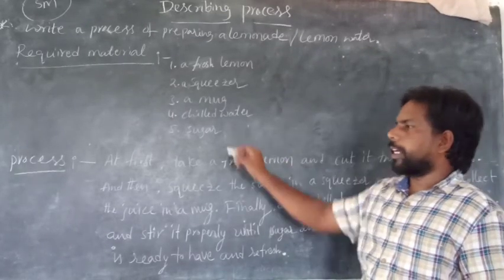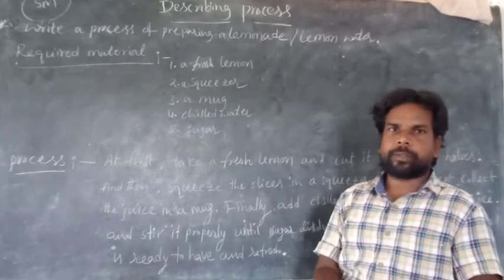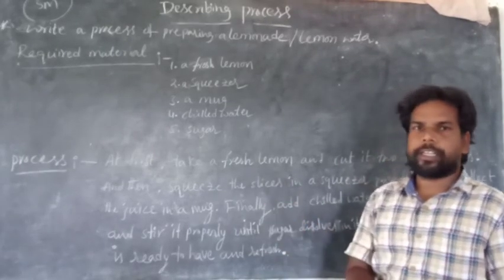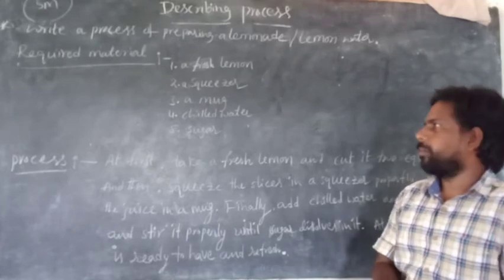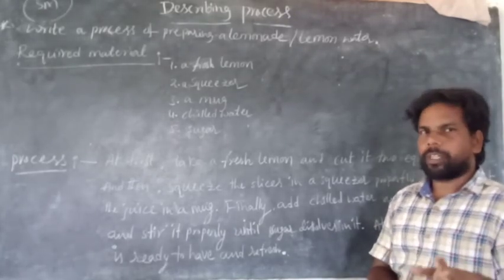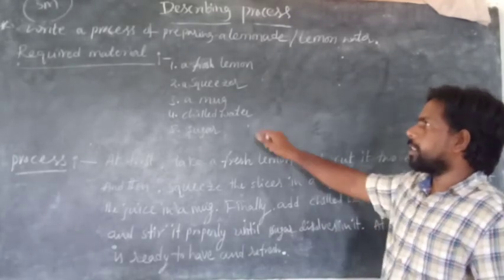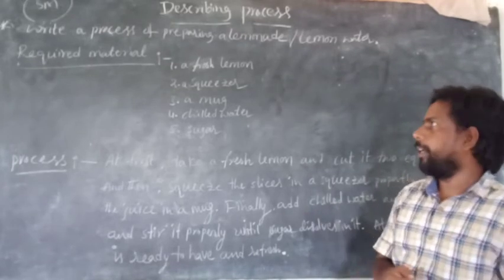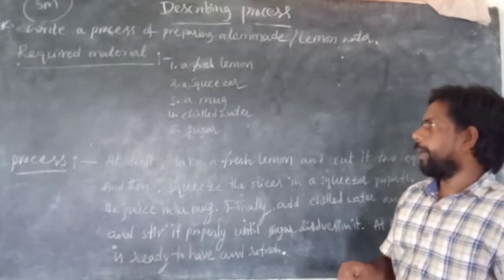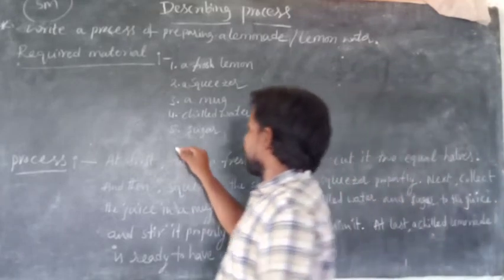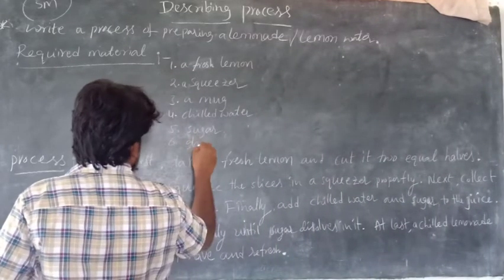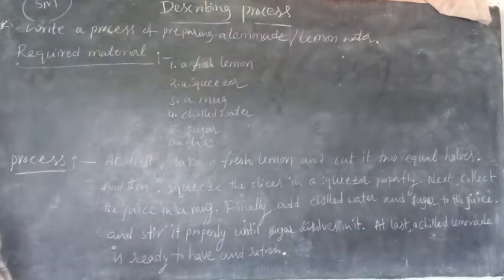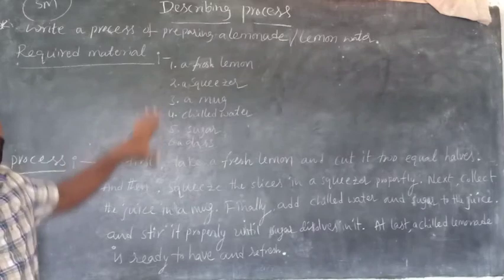Next one, sugar. In place of sugar, you can take salt also, no problem, or mix salt and sugar. These are the required materials to prepare lemonade. Next one, a small glass. So these are the required materials.